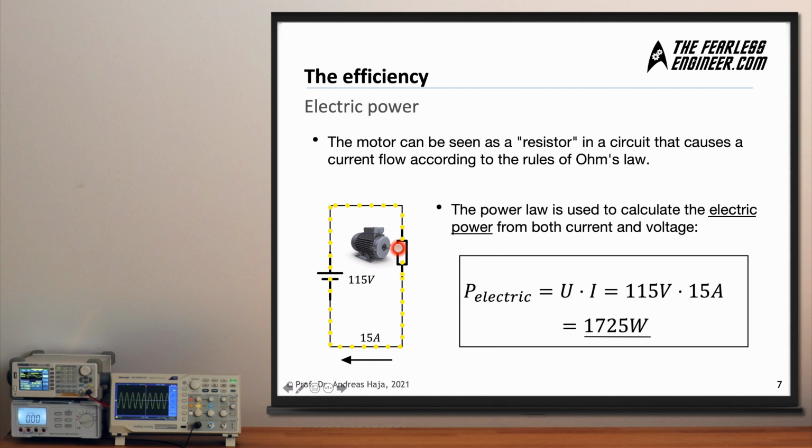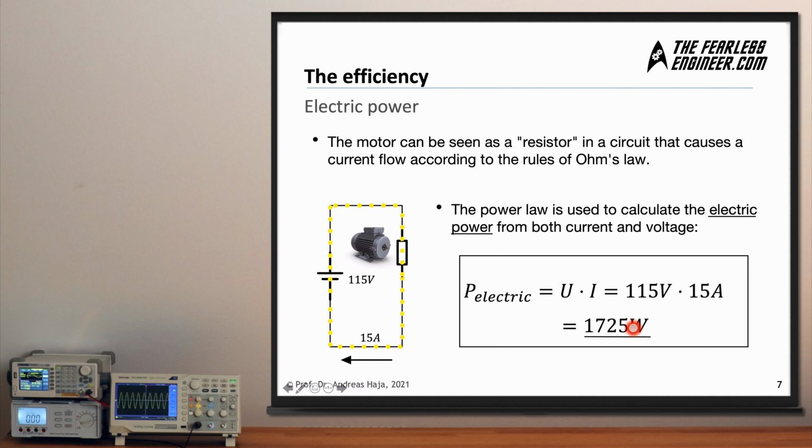And if we say we're in the USA, the wall socket provides us with 115 volts, and the current drawn by the motor is 15 amps. We can simply apply the power law, compute the product between voltage drop and current flow, and then we arrive at a power of 1,725 watts. This is the electric power used by the motor during the lifting task.